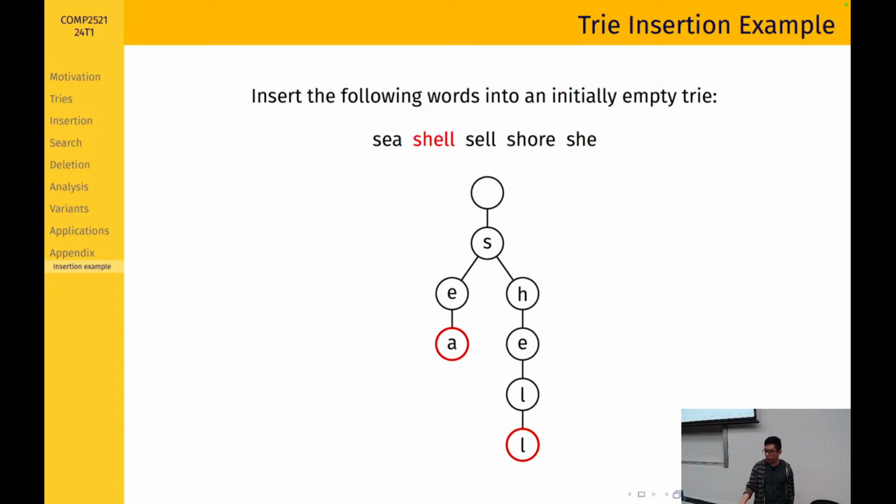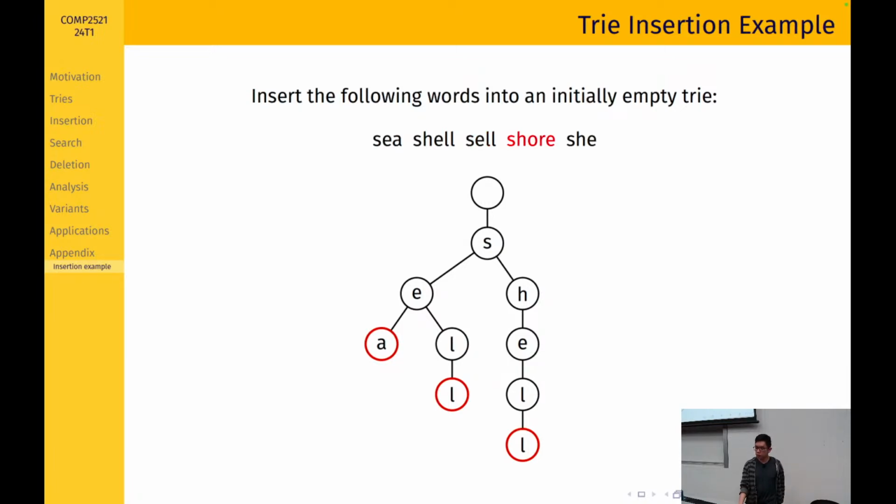Okay, next word is CELL. If we go through these letters from left to right, there is a path with the letters S and E. But after that, there is no L. So that means we're going to have to create two new nodes starting from this E, which correspond to LL, like that.